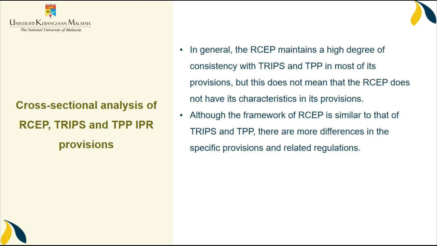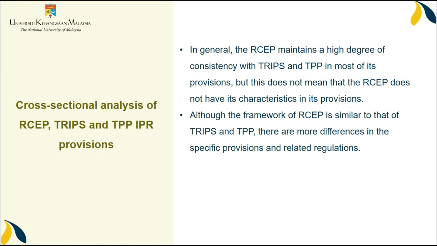But this does not mean that the RCEP does not have its own characteristics in its provisions. It is easy to see in the specific details that the RCEP has developed many new provisions to face the new circumstances resulting from current social, economic, and technological developments.